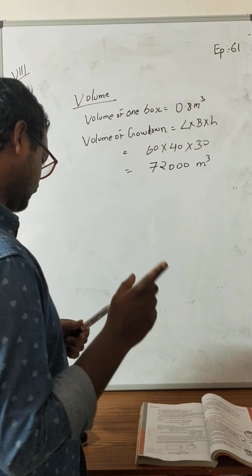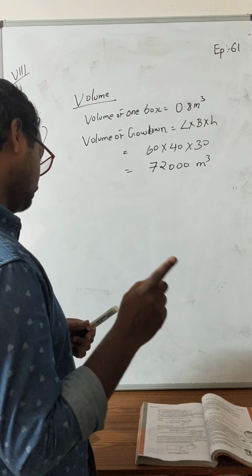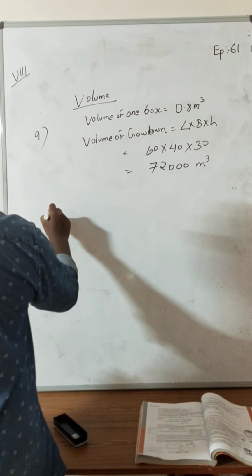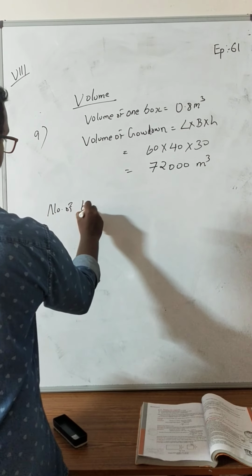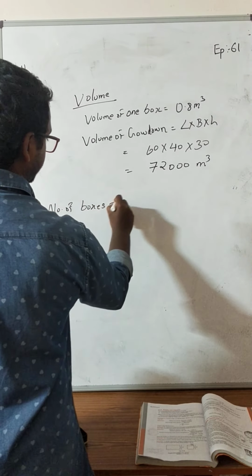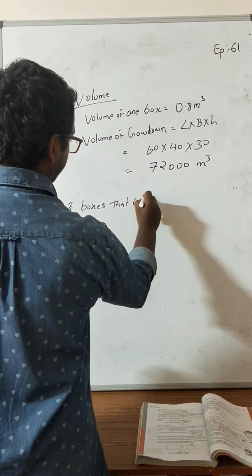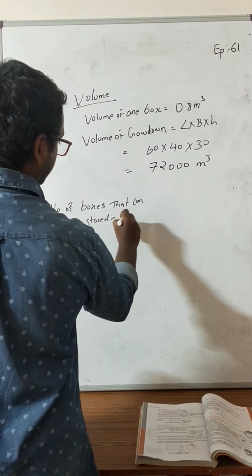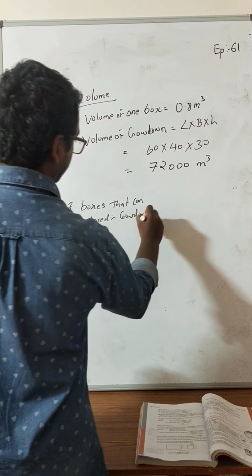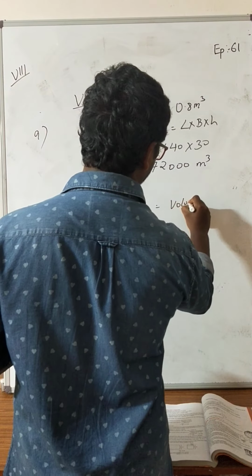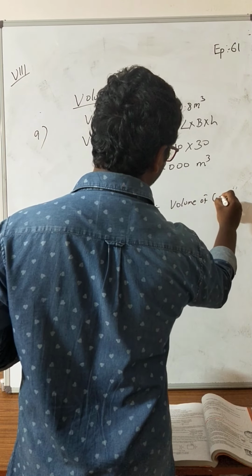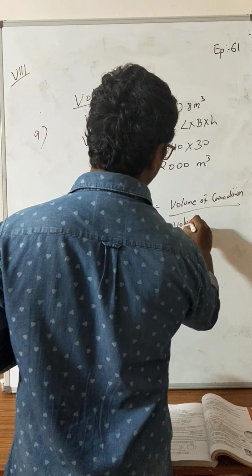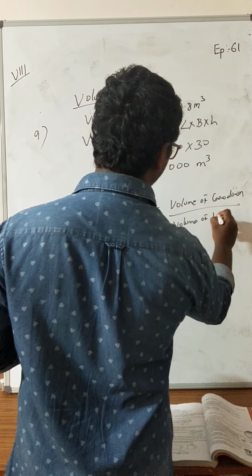Now the question is, find how many cuboidal boxes can be stored. So the number of boxes that can be stored in the godown is equal to volume of godown divided by volume of one box.